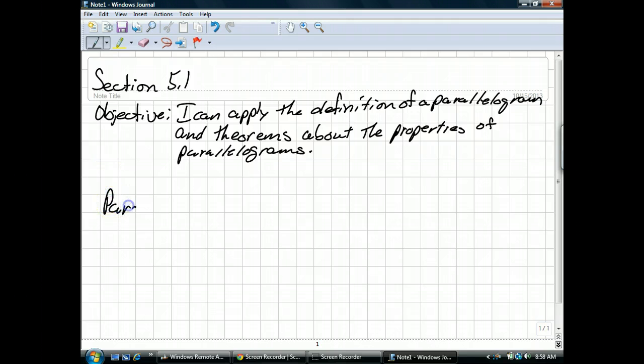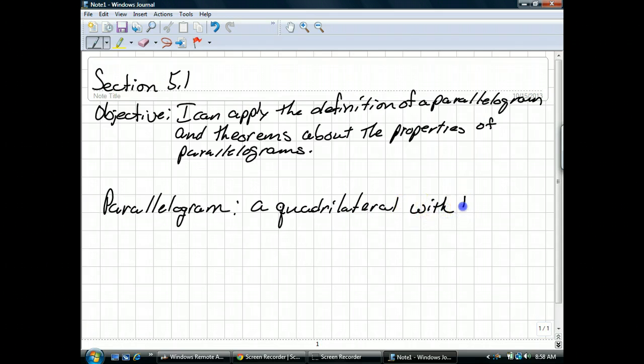So a parallelogram is a quadrilateral, in other words, a four-sided figure, with both pairs of opposite sides parallel.